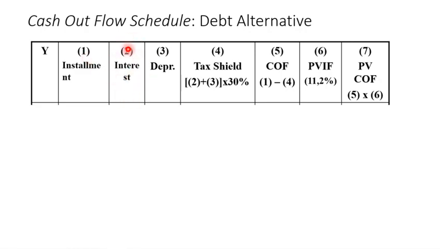And here is the interest, and the third one is depreciation. Why we need this is for the tax shield. The interest inside the payment of the installment, and also the depreciation cost of the asset itself, contain the tax shield.